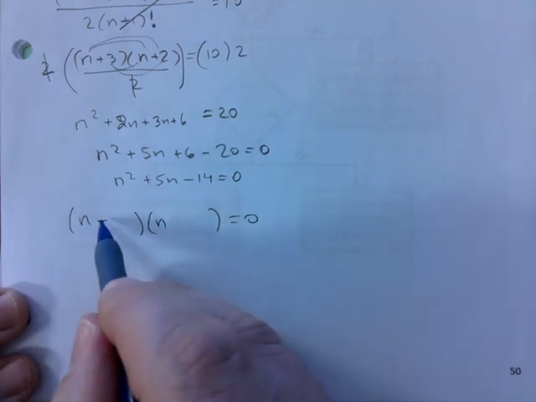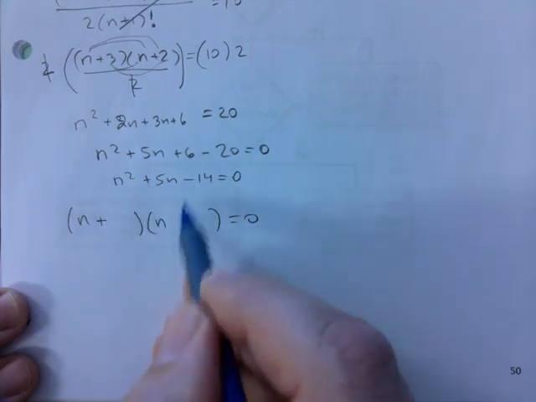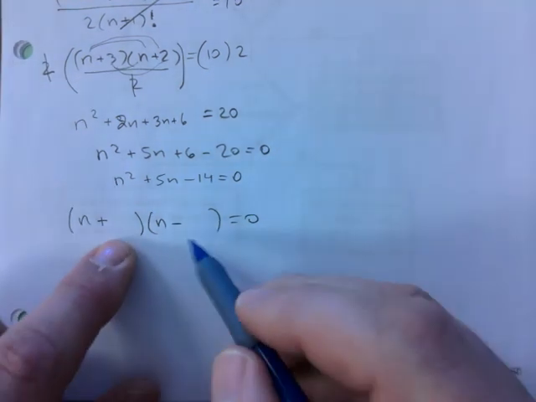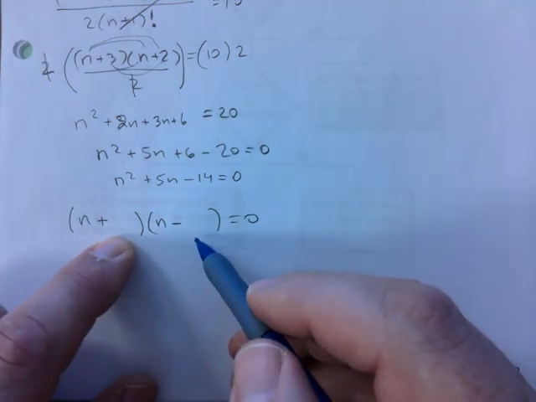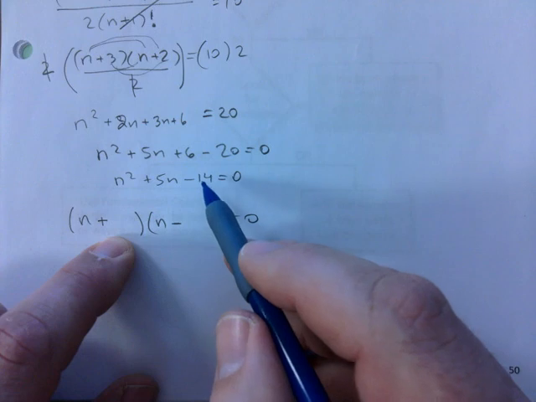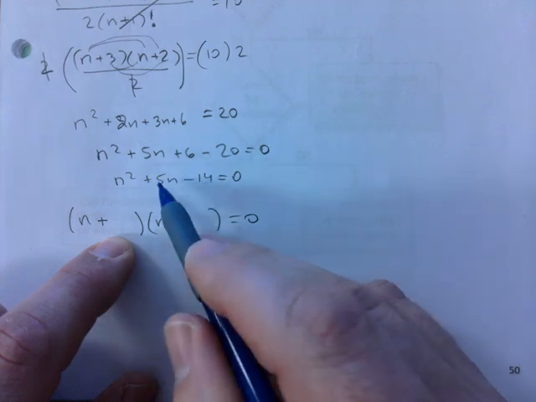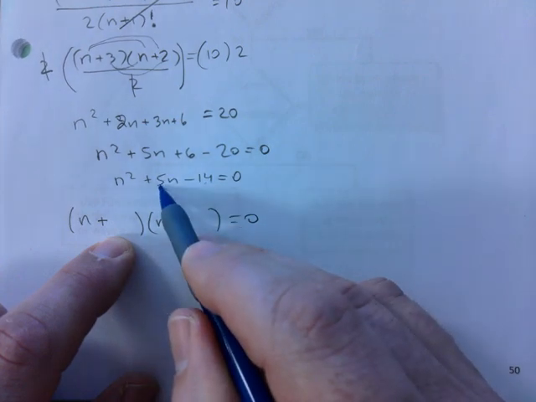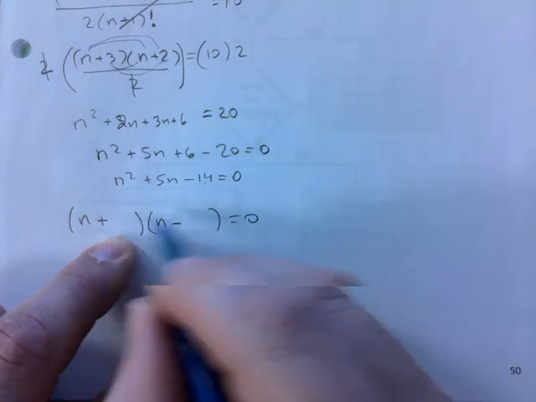And I go plus, I take the first sign, the product of the second sign. If you want to learn how to factor, most of these are pretty easy. 2 numbers that multiply to 14 and add up to plus 5. So 2 and 7, right? But you got to make sure where you put the 7.